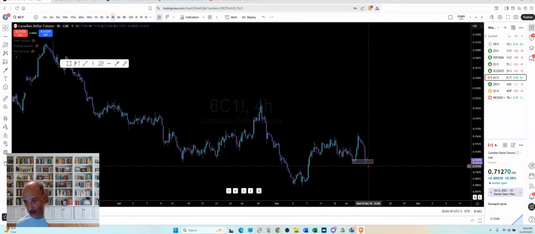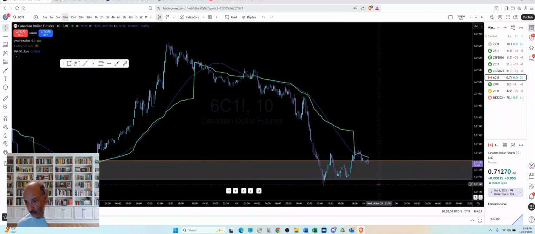So if this area breaks and we continue to look for shorts through this zone, great. But if we get this thing to start turning north again and the 50 starts cutting underneath, and these things start turning up, because you can see the 50 is already underneath the VWAP.